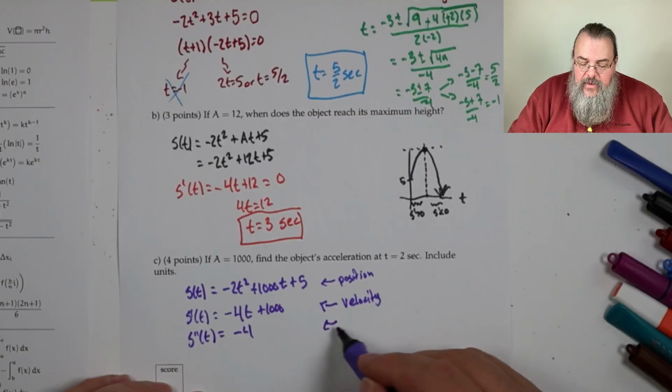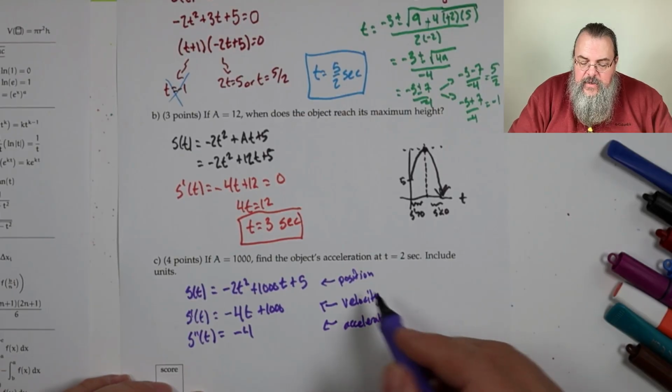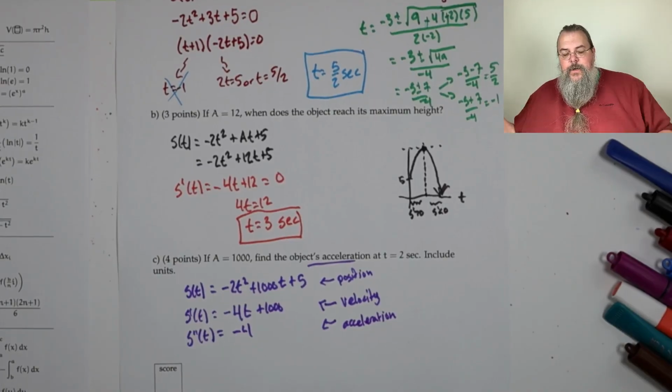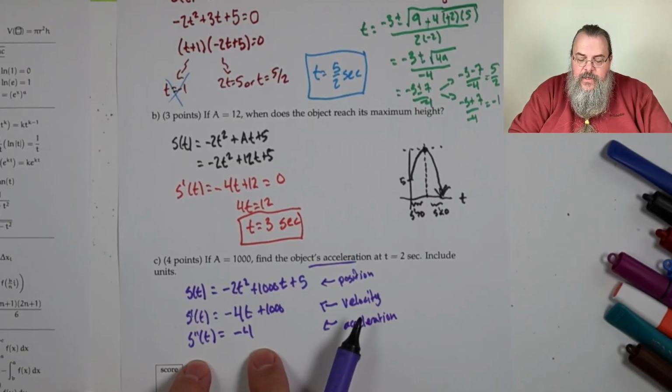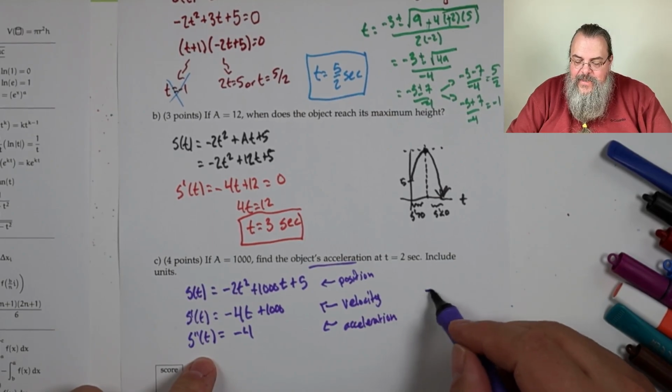And that's acceleration. Okay, so we're after acceleration. All right, so we come into our double prime and we plug in 2. And what do we get out? We get out -4. In fact, it doesn't matter what time we plug in, we're going to get out -4. So the answer is -4.